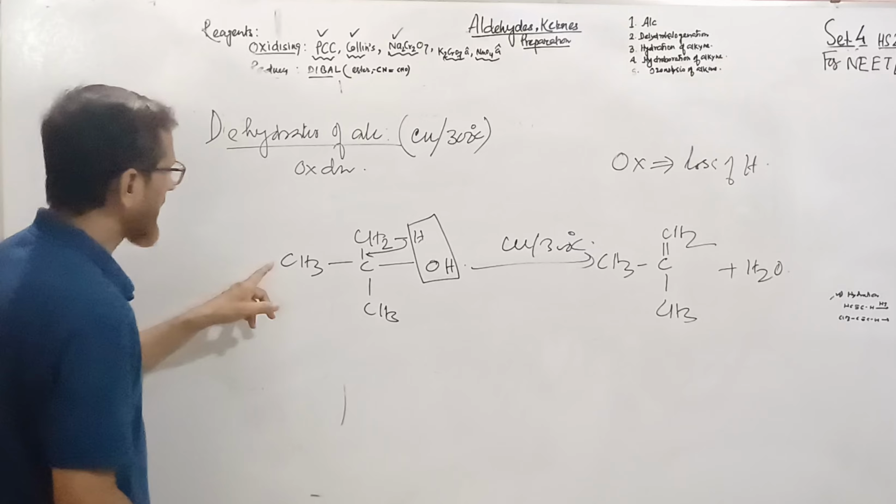Take an example, and you will be confused about how to do it. Again, you remember loss of hydrogen. Two hydrogens will be lost, one from oxygen, the other from the carbon adjacent to oxygen. So you see, this is one hydrogen, am I right?